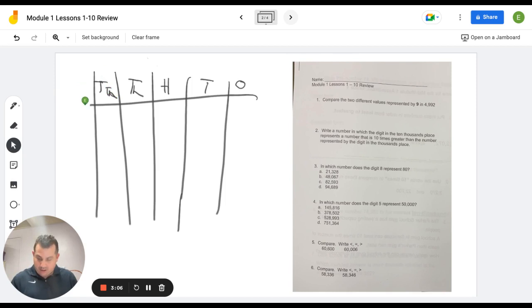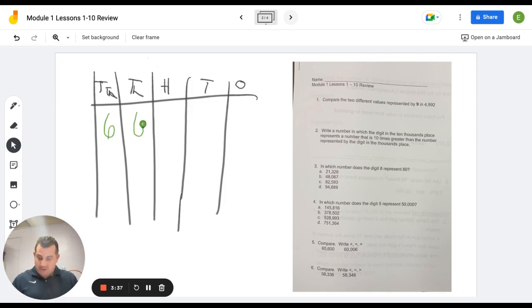All right, so I want to have a number in which the digit in the 10,000s place represents a number that is 10 times greater than the number represented by the digit in the thousands place.